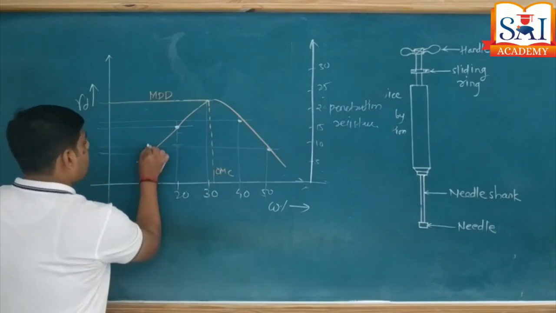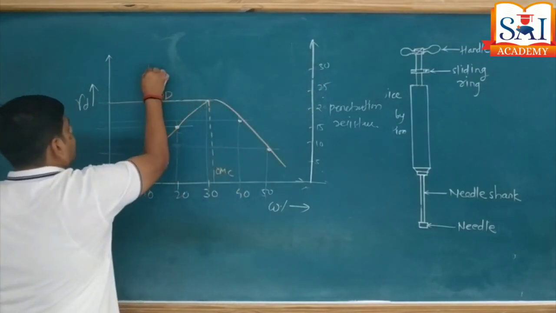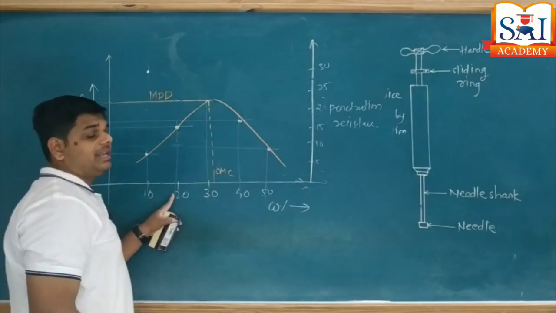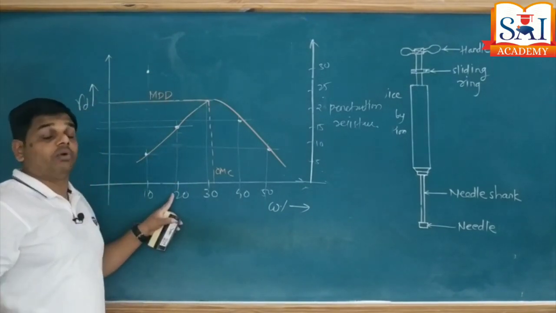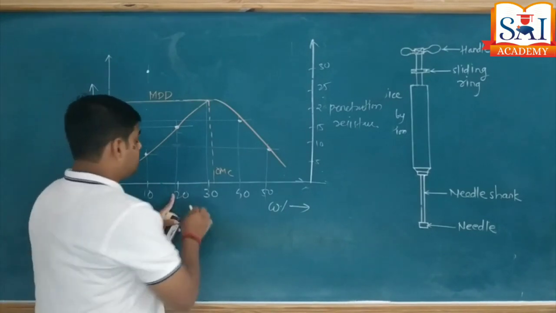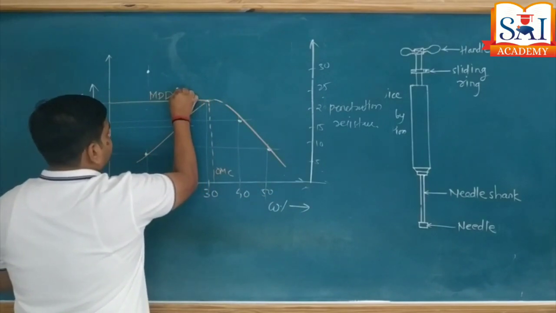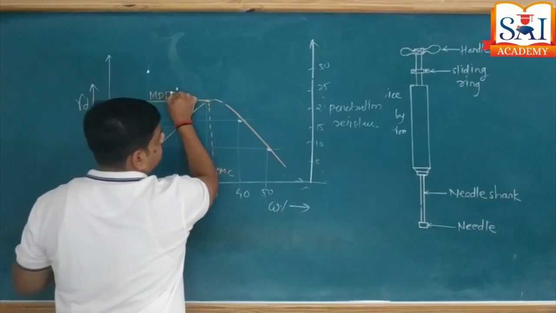So on the same vertical line, resistance is higher, say 30. Mark this point. For the second trial, as water content increases, resistance offered by the soil decreases. So for 20%, say resistance is 25. So here we get the value 25 on this axis like this.